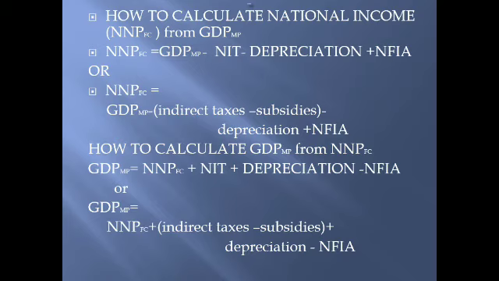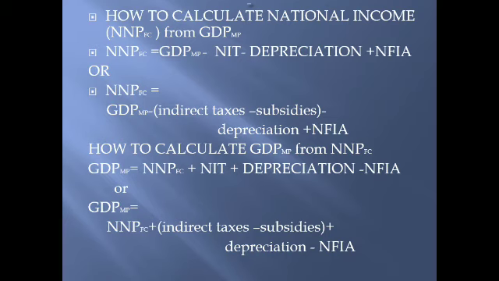Whatever we have subtracted above is added here, and whatever we have added above is subtracted here. So once again I say the formula, that is GDPMP is equal to NNPFC, that is national income, plus net indirect taxes plus depreciation minus NFIA.